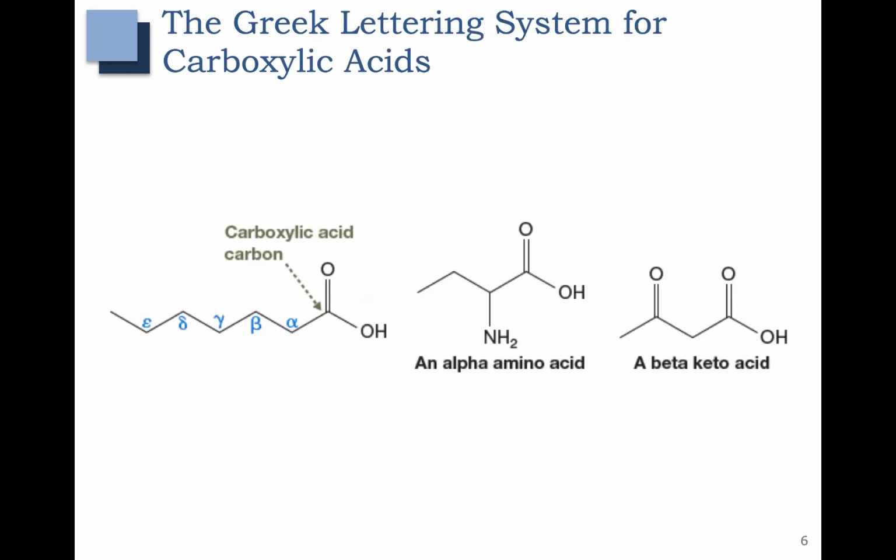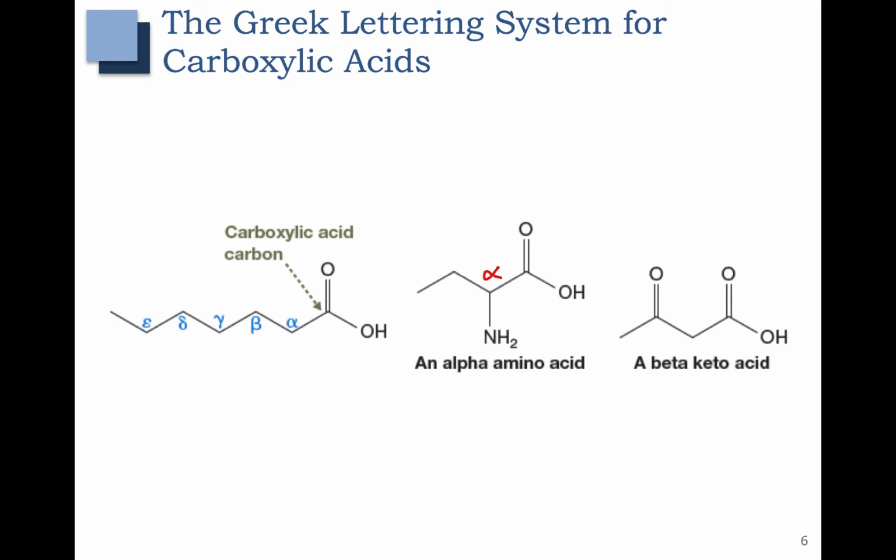It's also important to highlight the Greek lettering system for carboxylic acids. You may already be familiar with this because we've used this terminology a lot. But when we have a carbonyl carbon, we refer to the carbon next door as being alpha. That's why amino acids are often called alpha amino acids, because that amino group is attached to that alpha carbon.